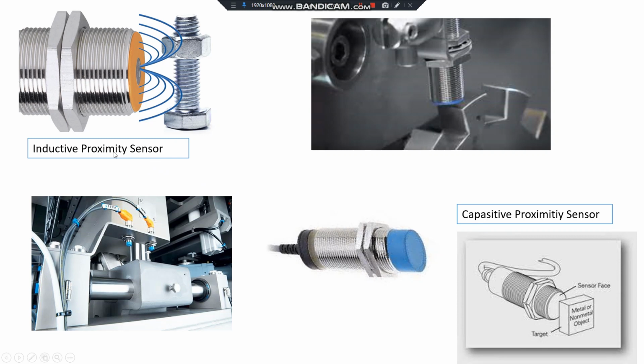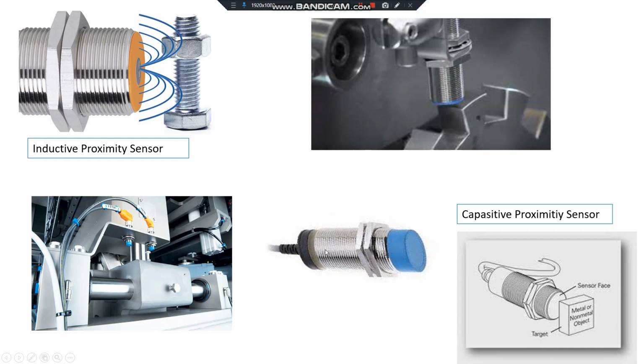Inductive proximity sensors are activated by a material, and capacitive proximity sensors can be activated by a metal or non-metal object.